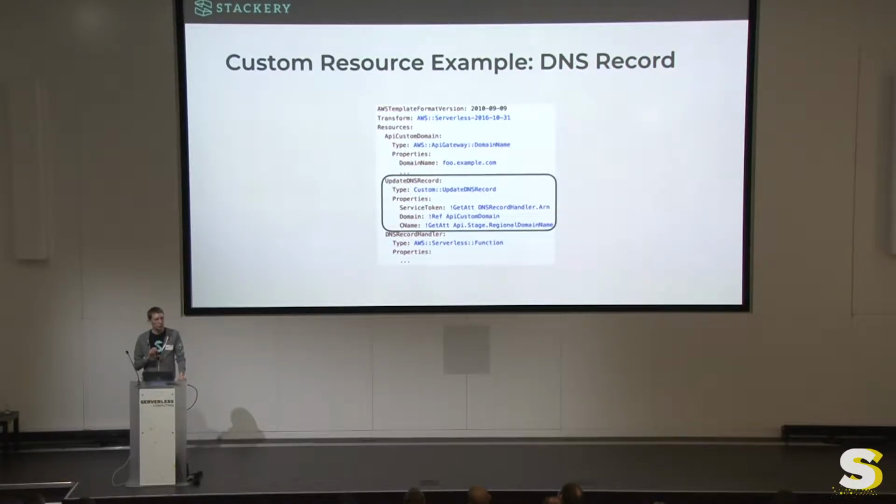We tie it together with this resource in the middle that says when all the properties have been realized, so effectively when the custom domain and the function have both been deployed, pass properties about them, the custom domain, the CNAME itself, and the domain as well, the pretty custom domain, pass that to the function to invoke it. And that function can now go in and create that CNAME record for you automatically.